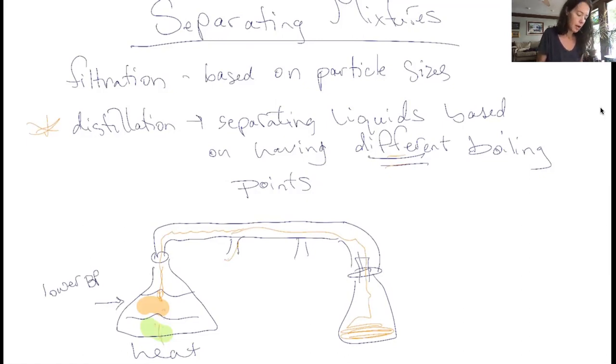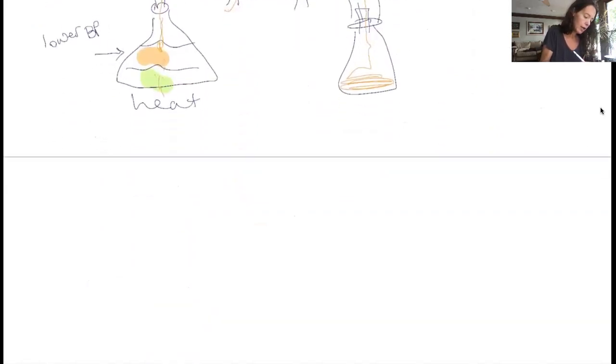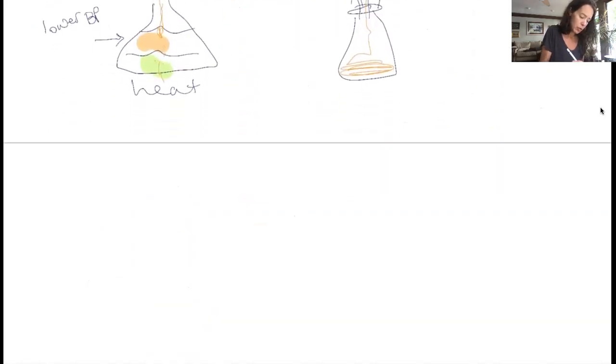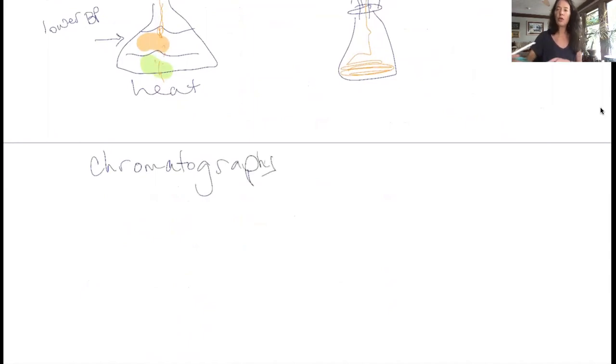Another method of separating mixtures that you need to be aware of would be something called chromatography. Okay. And that is going to involve separating substances based on their polarity. And I hate giving you that word because I know that you don't understand it yet, but we could use chromatography to separate two soluble liquids.